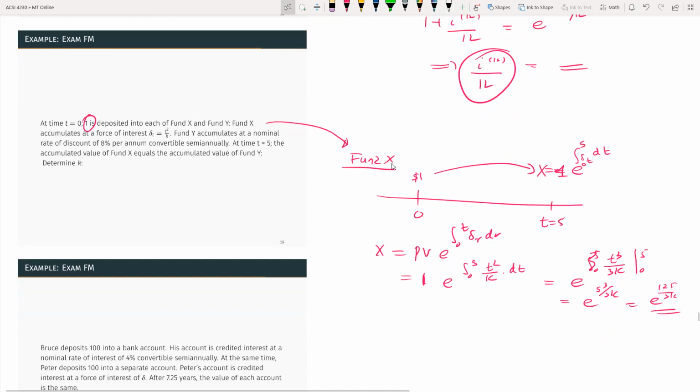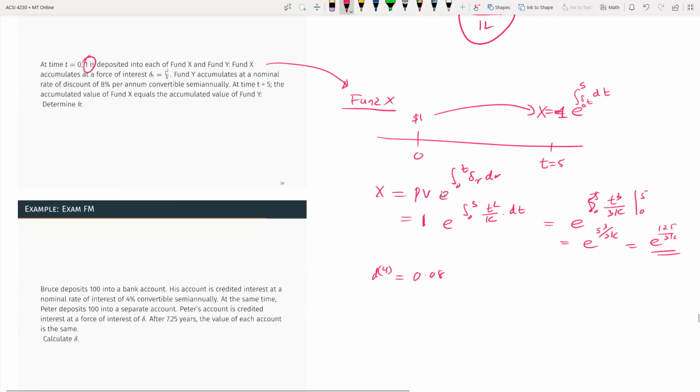Next, fund Y at a nominal rate of discount of 8% per annum convertible quarterly. So I have d(4), which is 0.08. So I need to know the effective interest rate. If you remember, (1 + i)(1 - d(4)/4) to the 4 is 1.